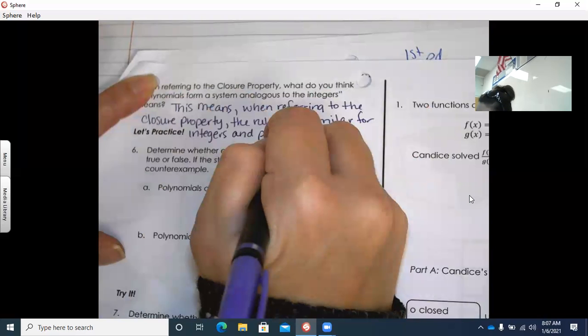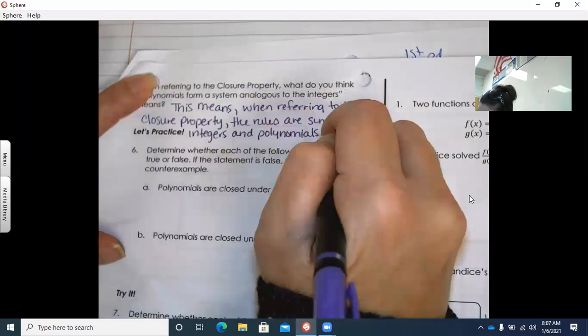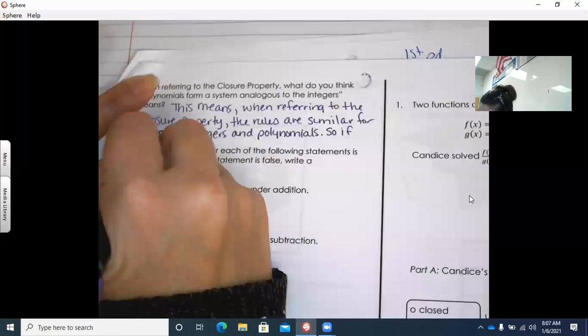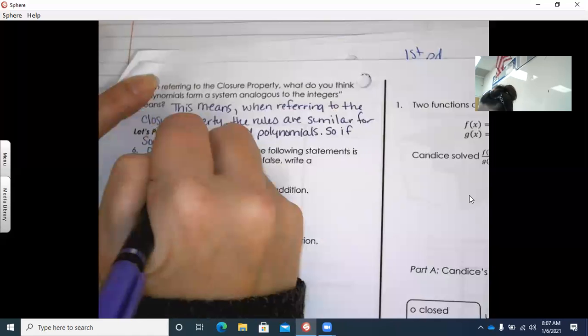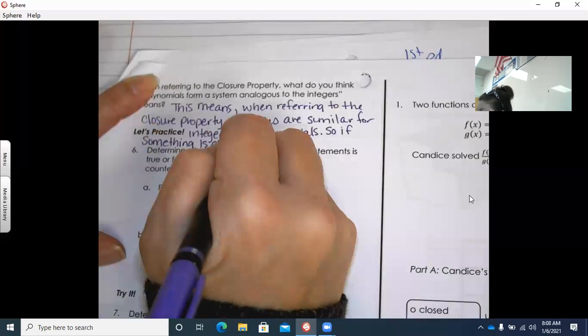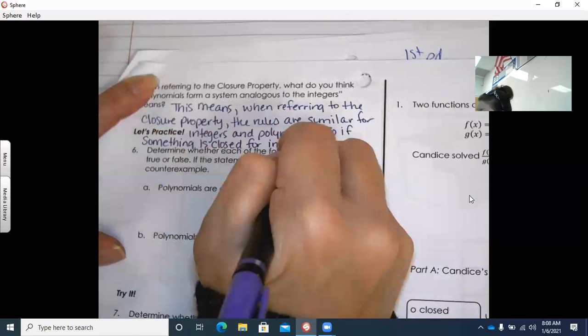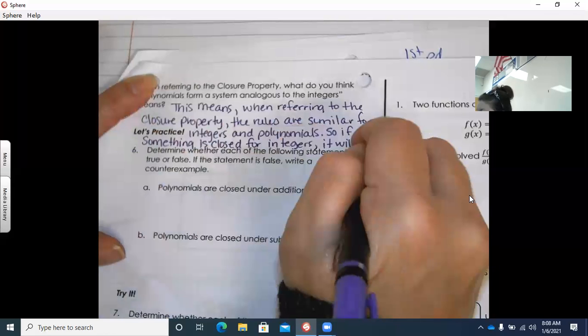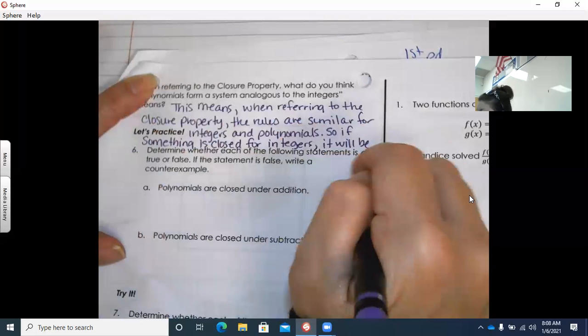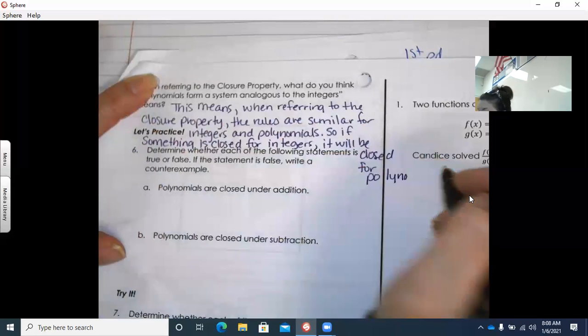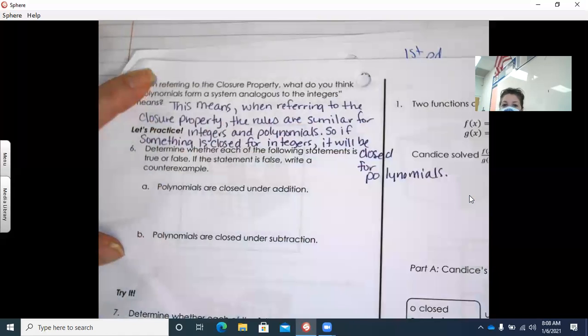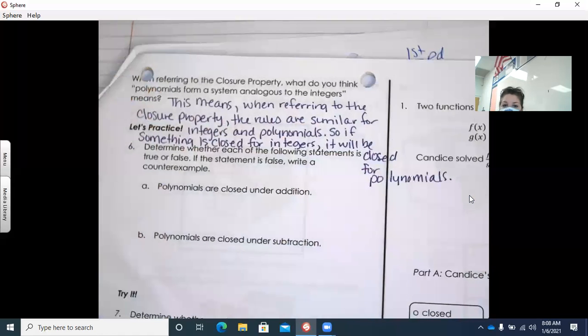So if something is closed for integers, it will be closed for polynomials.